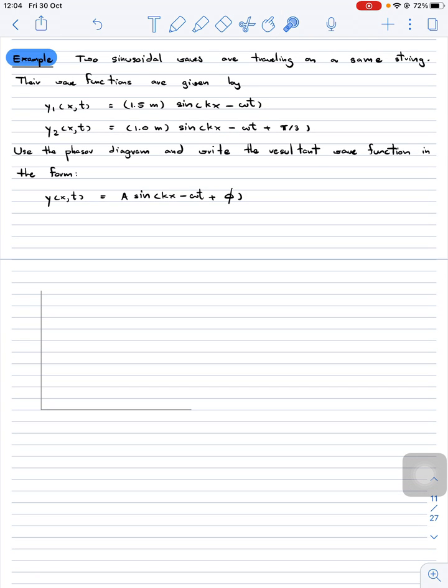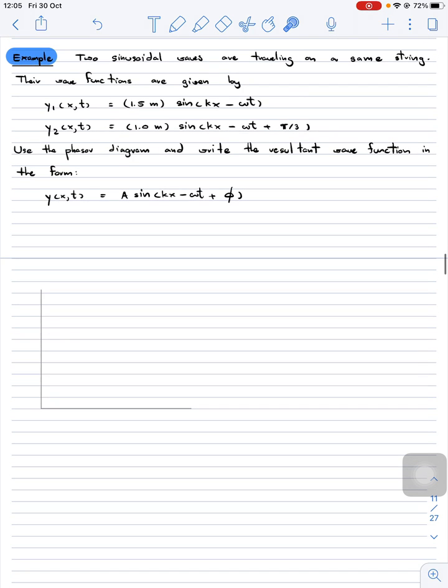But let's just start by writing y1. One thing, let's notice this: both of them have the same terms, kx minus omega t, and the phase difference between y1 and y2 is pi over 3.